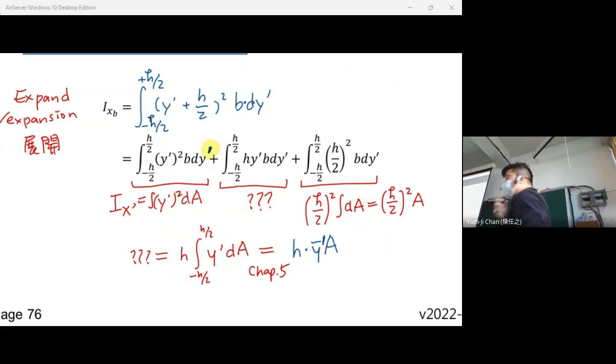Now, from here, this is the centroid of y in the y prime. Of course, because it is on the centroid, it is equal to 0. So this one is equal to 0.